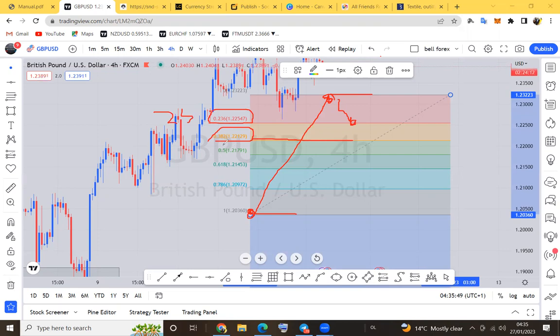Then the equilibrium line is this level 0.5, which is referred to as 50. So it is an equilibrium line. When we are using Fibonacci, our interest is to find out how far the retracement has gone. So this line here is a 50% retracement line. If the market has gone past 50%, I am interested.